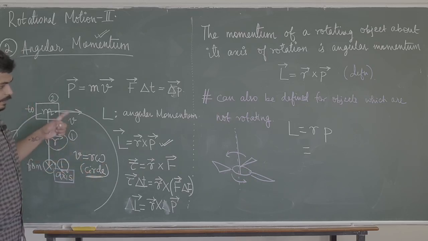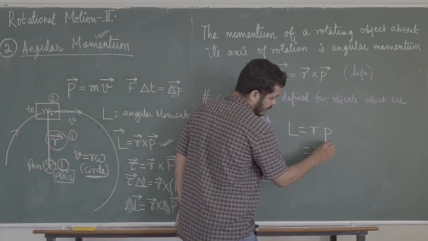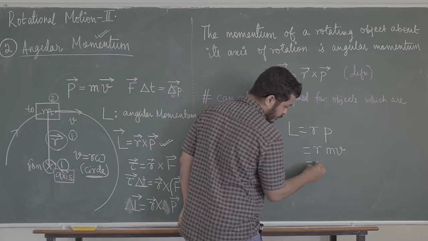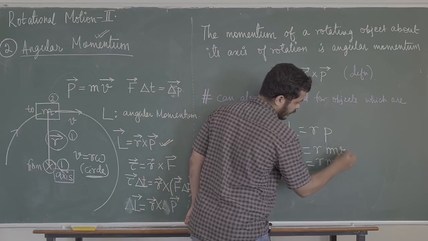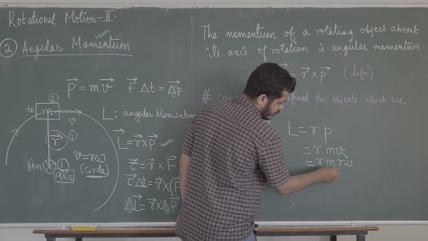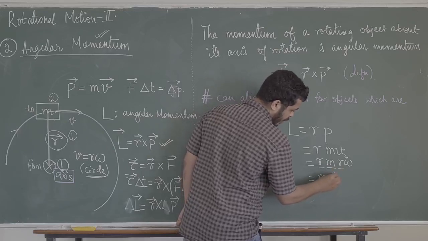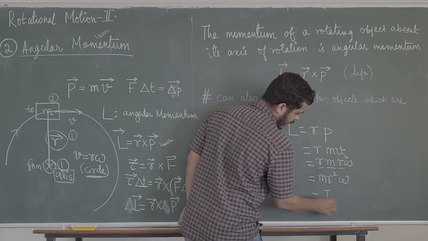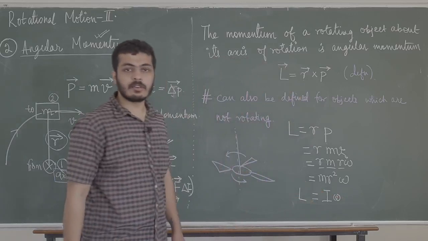So instead of p, you write m into v, and instead of v, you write r omega. What will you have? m, r two times, so r square, and omega one time. So you will just have I times omega. L is equal to I omega.